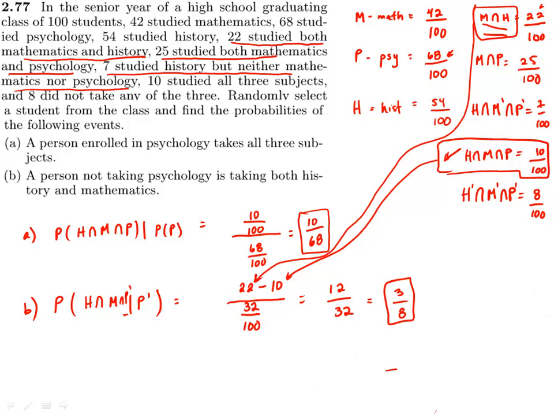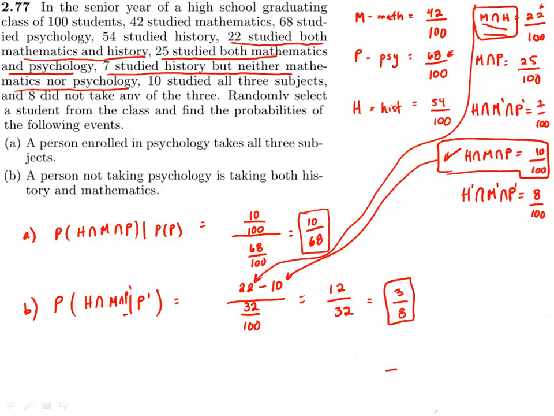This area is larger because it includes all of math and history, but when you add the fact that you have also psychology, the area becomes smaller. And that's why you have fewer students.